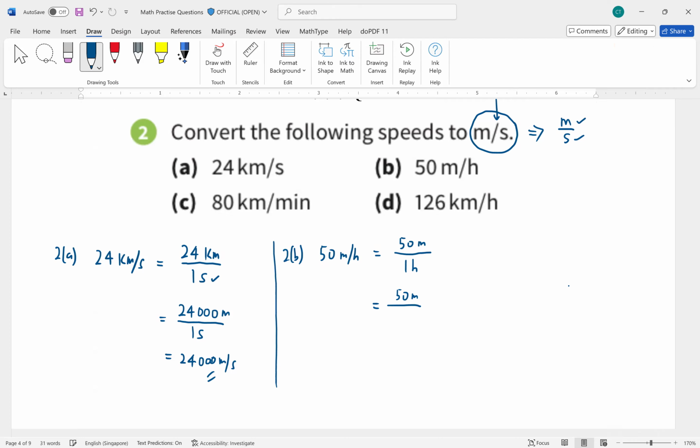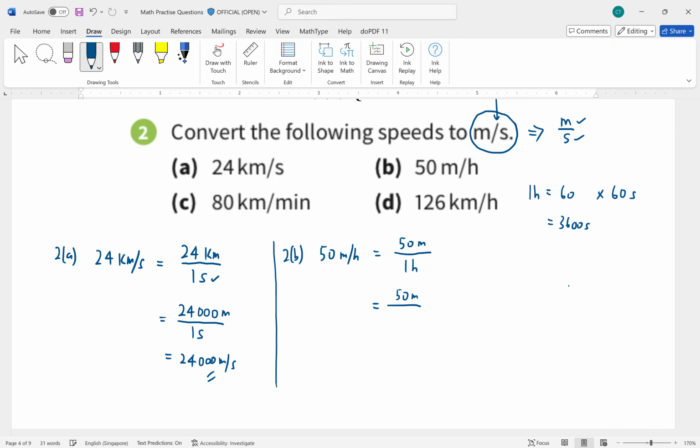Okay, so now we need to change the bottom to second, right? This is when you need to know 1 hour has how many seconds. Okay, 1 hour has 60 minutes, and each minute has 60 seconds in it. So 1 hour will actually be 60 times 60 seconds, which is 3,600 seconds.